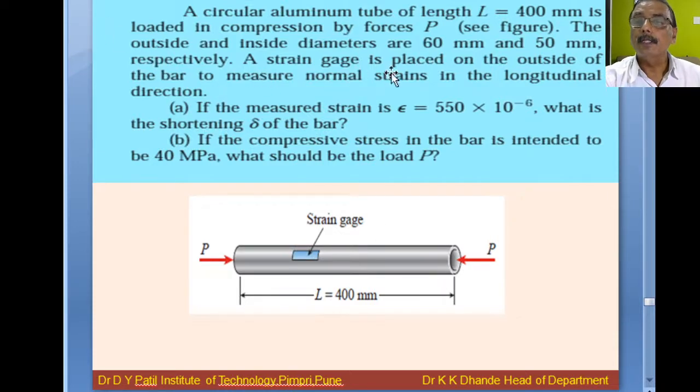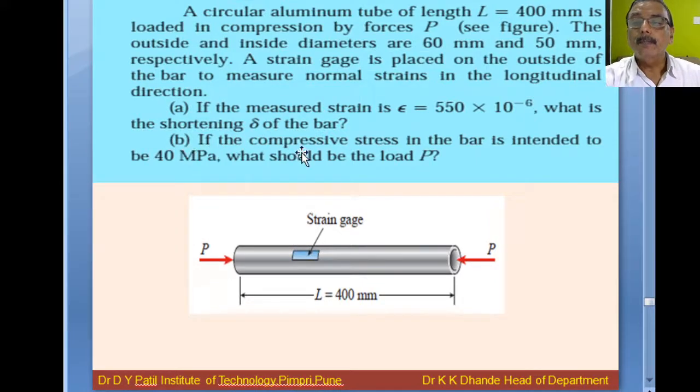A strain gauge is placed on the outside of the bar to measure the normal strain in the longitudinal direction. If the measured strain is 550 into 10 raised to minus 6, then what is the shortening delta of the bar? Delta is nothing but the change in length.